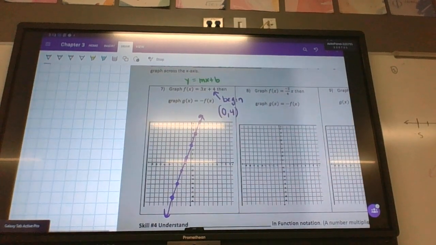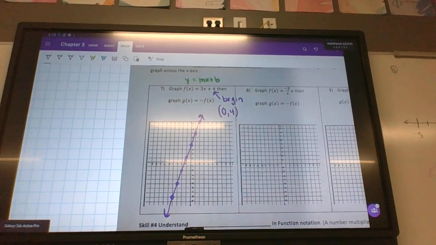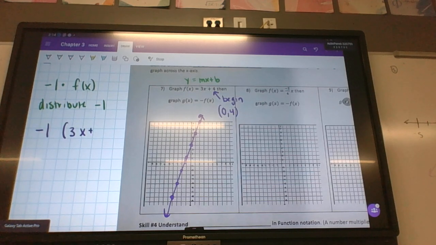I like to know more precisely how to do it. So this is like -1 times f of x. I'm going to actually just distribute -1 into the expression. So it's -1 times 3x plus 4.